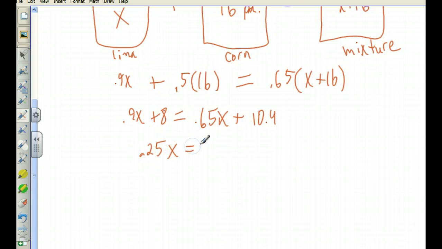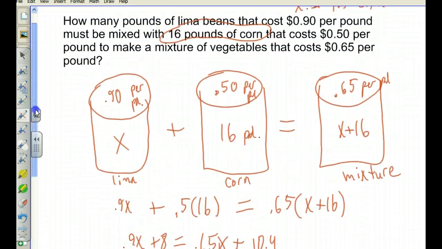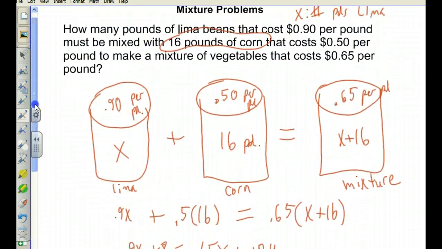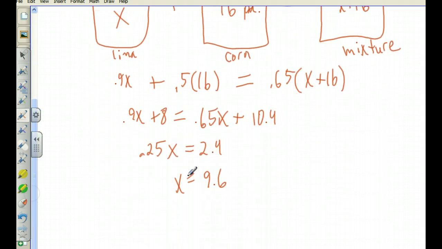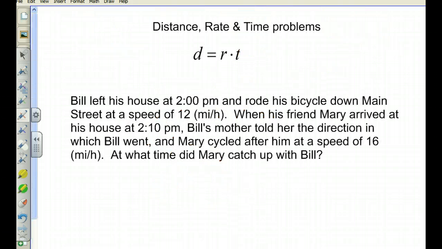Subtract 8, equals 2.4. If I do 2.4 divided by 0.25, X is equal to 9.6. Let's look back at what the question is asking for. How many pounds of lima beans that cost 0.90 must be mixed? Well, 9.6 is the amount of lima beans. So 9.6 pounds would be the answer there.